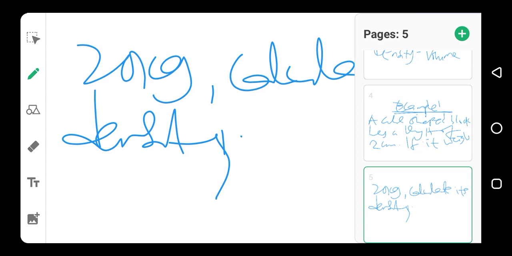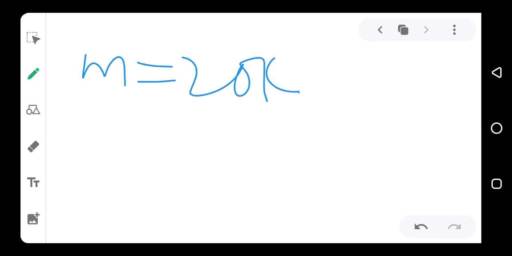So how do we calculate this? Here we know the mass is equal to 20 kilogram, and we know that it has a length equal to 2 cm, and it is a cubic object.